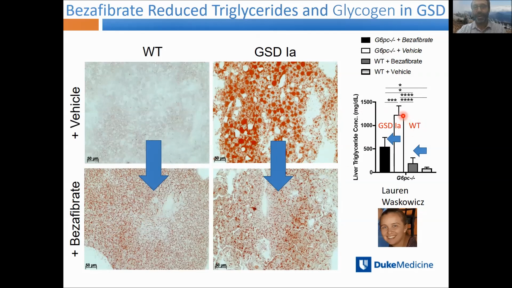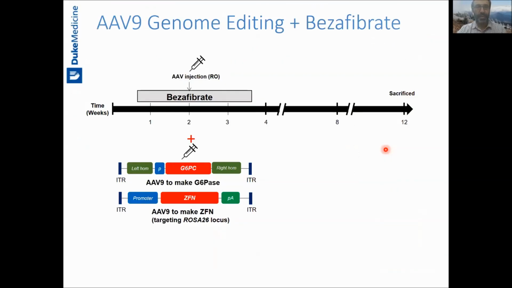So we have a drop in the triglycerides from extremely high down to similar to normal in our GSD1 liver just by adding bezafibrate for a week. And this was led by Lauren Waskowitz, Duke grad.